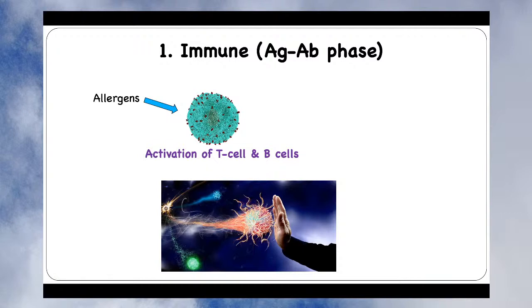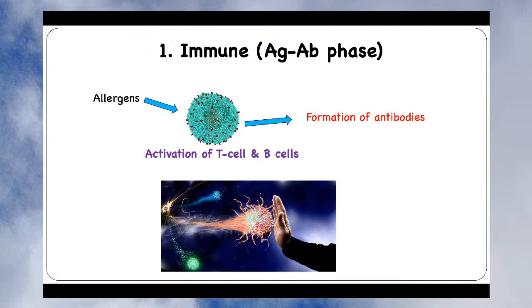In this process, your body's T cells and B cells are activated. The T cell and B cell are called immune competent cells. So there will be activation of the immune competent T cell and B cell, and when they are activated, they will produce antibody.